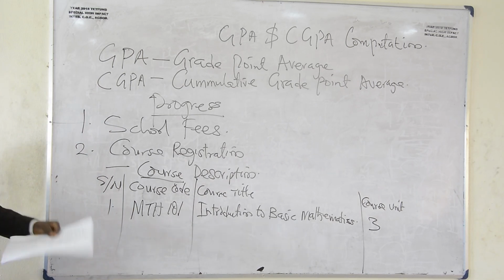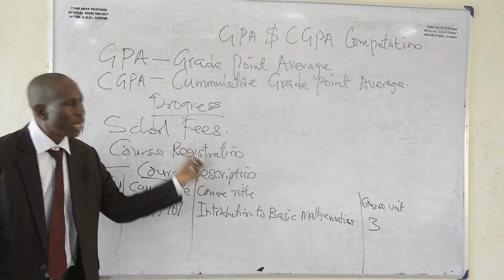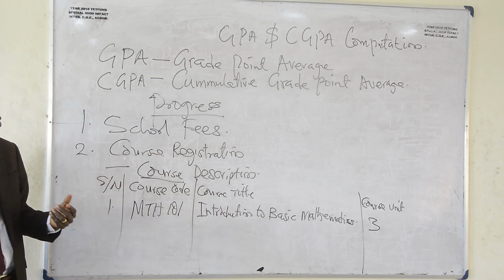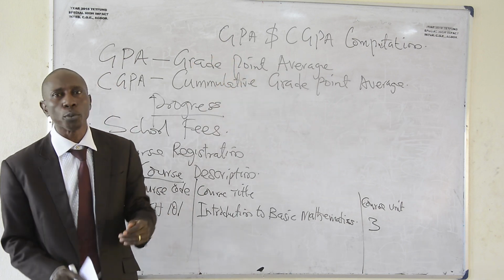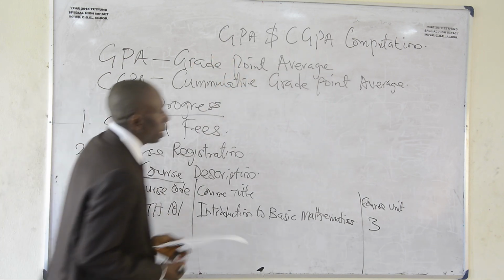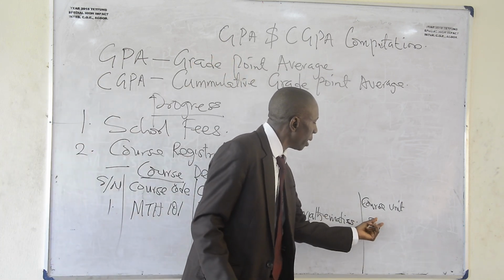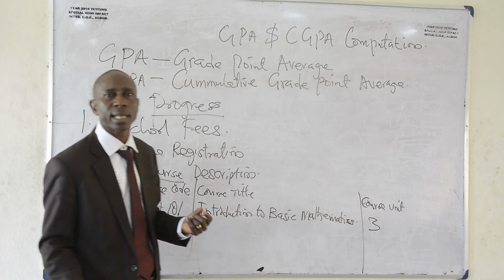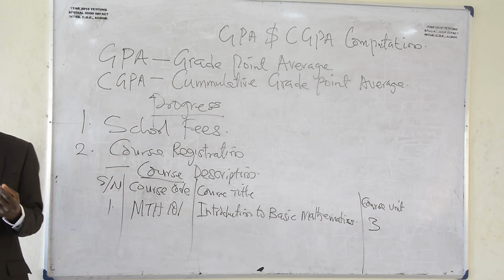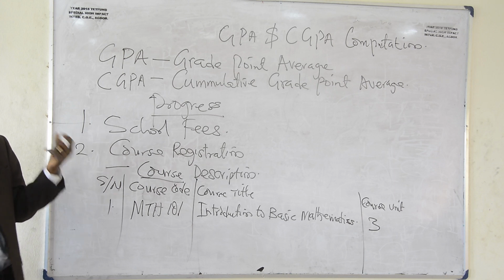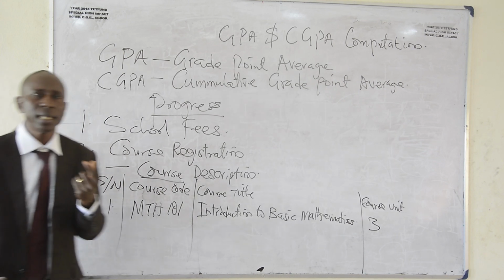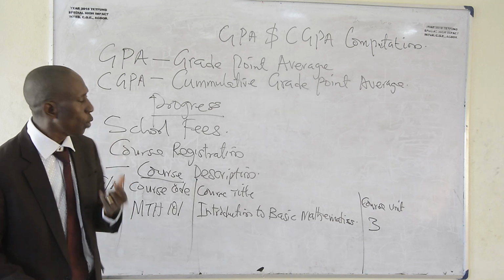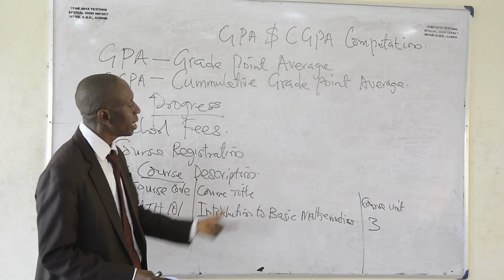These are the terms or items that at the end of the day we are going to be using in our GPA and CGPA computation. If a course is rated 3 units, for instance, it means that course will be given 3 hours a week. If a course is rated 2 units, it means you have to spend 2 hours a week.